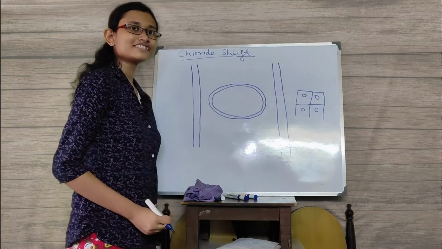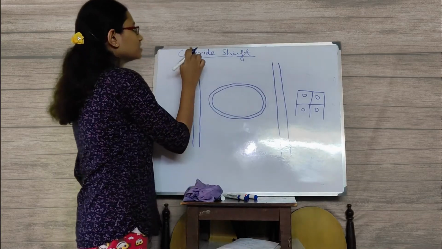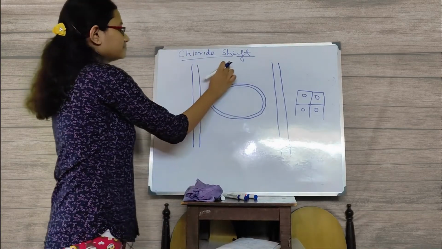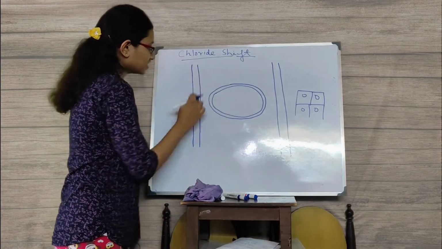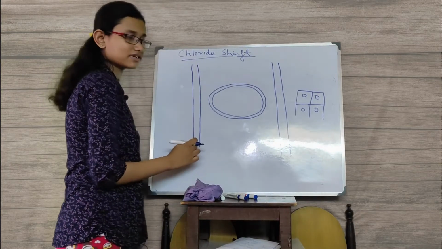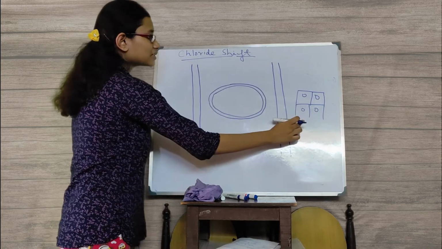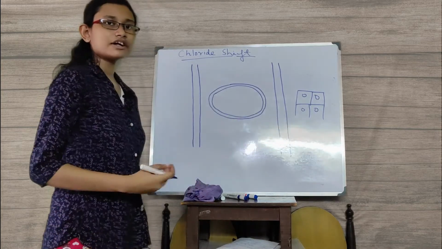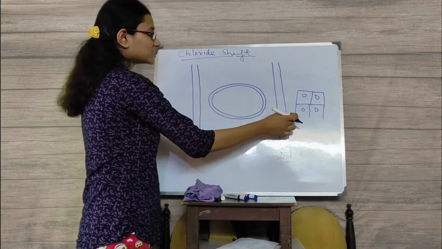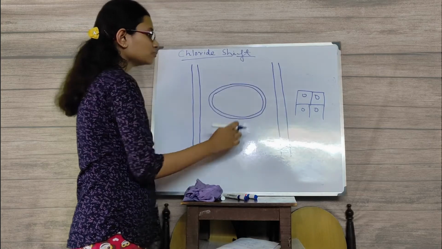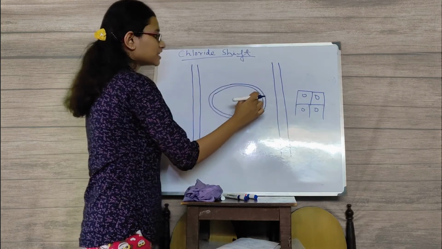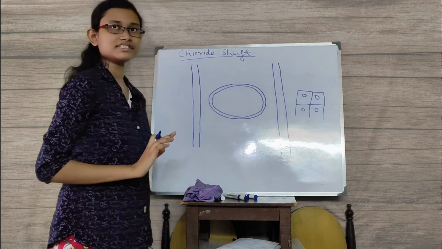So now we are going to start with the chloride shift mechanism. This one is the epithelial tissue of our blood vessels. Let's suppose that this one is our RBC. This one is our metabolizing tissue. Now we all know that carbon dioxide is released by a metabolizing tissue and in turn oxygen is given by RBC to the metabolizing tissue.